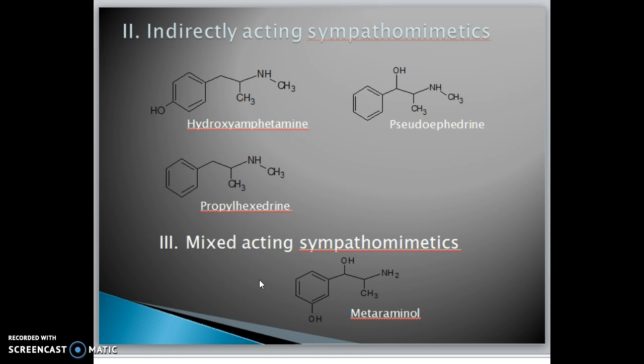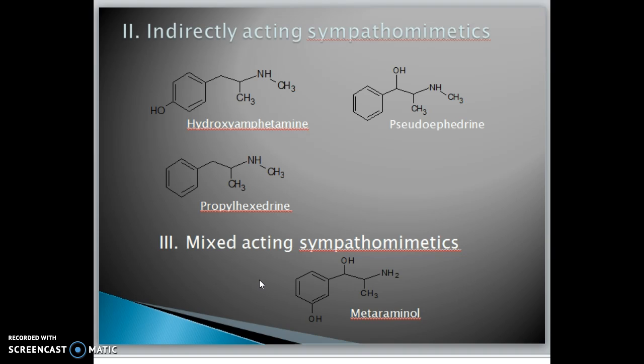Moving on to the second category, that is indirectly acting sympathomimetics. Here we can see examples such as hydroxyamphetamine, pseudoephedrine, and propylhexedrine. Here we can find a phenyl ring, an ethylene bridge as well as an amine, as in directly acting agents, but it is devoid of the catechol ring system.